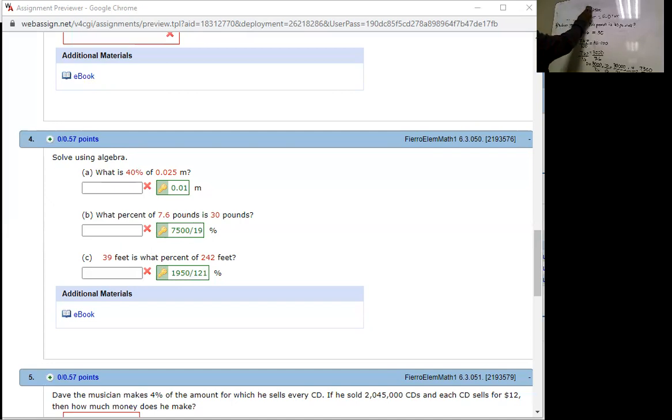I know part A. All right, so this is 39 feet is what percent of 242 feet?